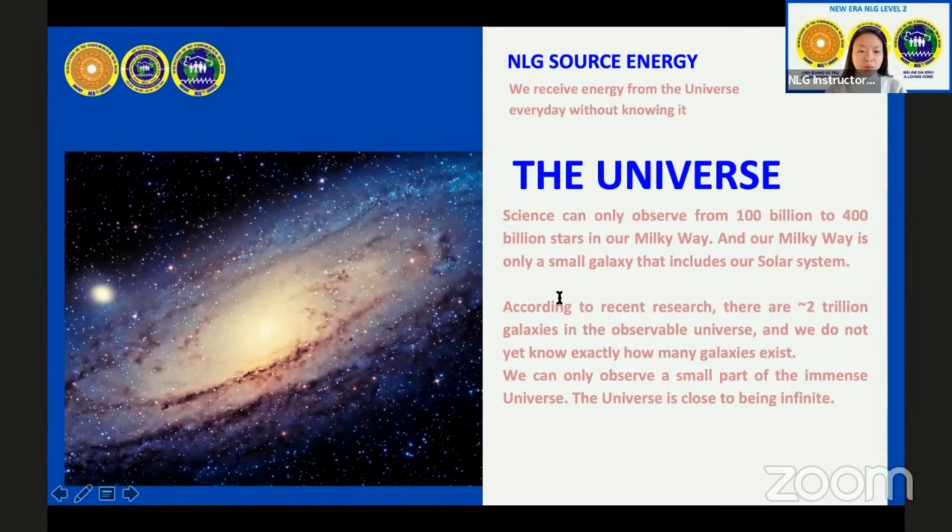And our brain is very much like a mini universe. And so there's a lot about it that we don't know. There's a lot about the universe that we don't know as well. But now that we're using the brain, which all of us have, so it's already a part of us, we try to connect to the energy source of the universe. And we do that by the +1 -1 frequency.